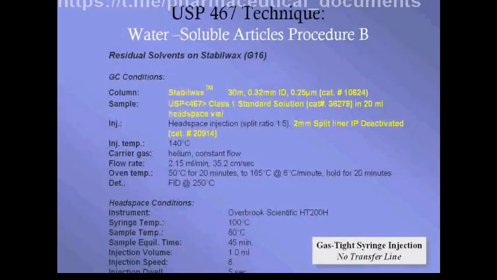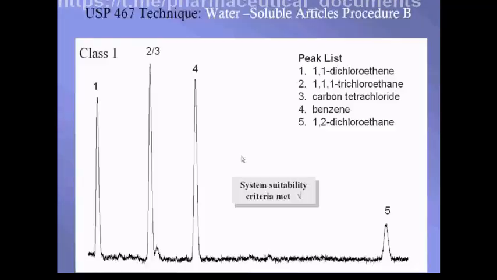At a 1:5 or a 1:3 split ratio, the 2 millimeter liners seem to work just fine. So this is pretty much a good choice for just overall injection port setup when dealing with a gas-tight syringe injection. And we see the conditions listed here, all the very common procedures listed under procedure B.